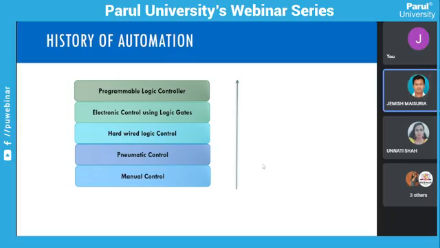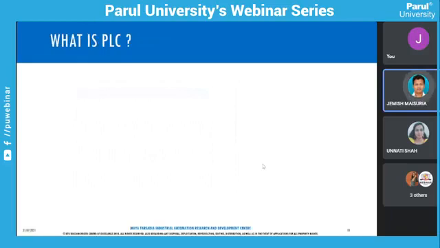So first in automation we did manual work, then pneumatic control was given, then electronic control and logic gates were introduced, and finally we introduced the programmable logic controller. So what is PLC? PLC is the full form of programmable logic controller, and you can say it's the main part of automation, because all the decisions will be taken over here only.